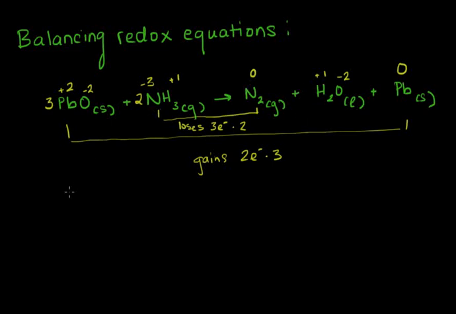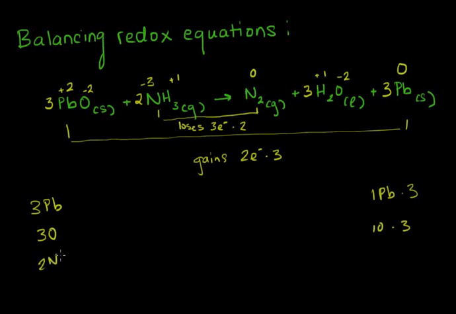So here we go. We should be pros at this by now. We've got 3 lead on the reactant side. We've only got 1 lead on the product side, so we're going to have to multiply by 3. Stick a 3 there. Oxygen, we've got 3 oxygens on the left-hand side. We've only got 1 oxygen on the right-hand side. So again, we're going to multiply by 3, put a 3 in front of water. Next, we've got 2 nitrogens here. That's good because we've got diatomic nitrogen gas over here.